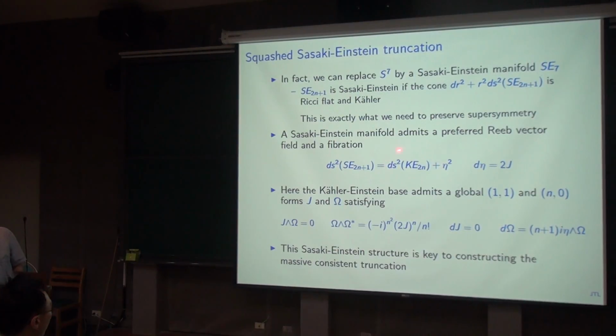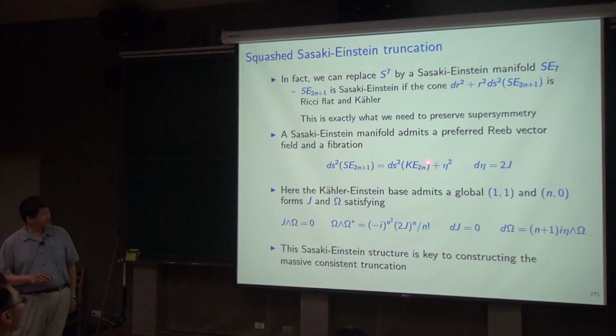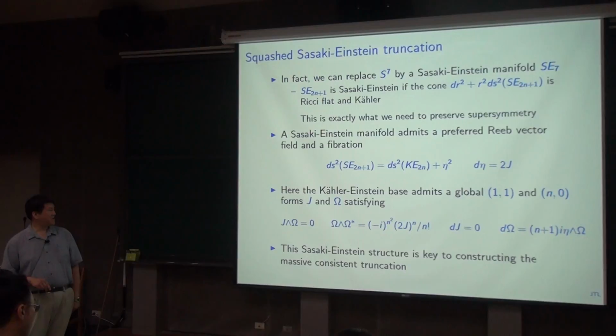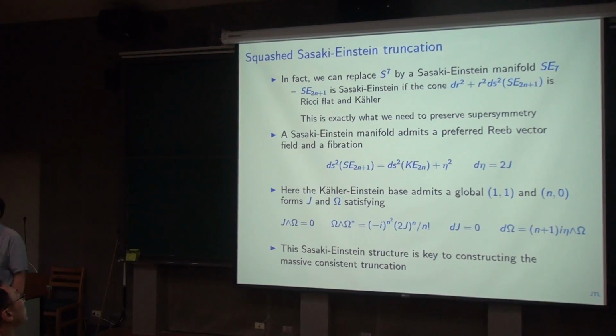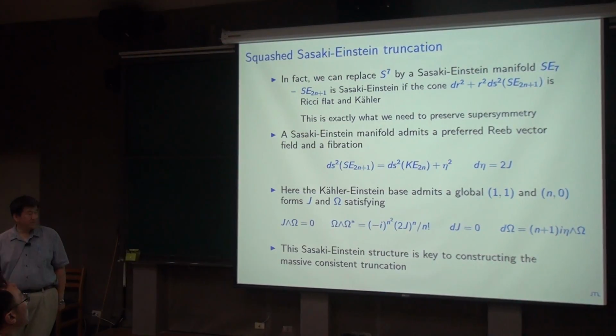And so instead of having CP3 times the U1 fiber over here, I can just have what's called a Kähler-Einstein base over here times the U1 fiber over here. So this generalizes the 7 sphere or the squashed 7 sphere. And I'm doing this without being explicit, just understanding the existence of these type of Sasaki-Einstein manifolds.